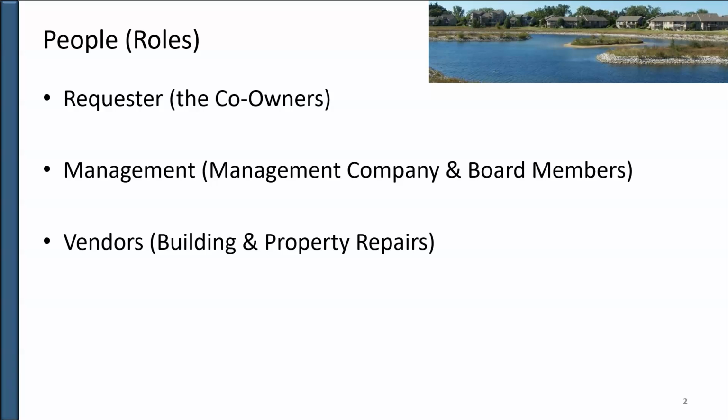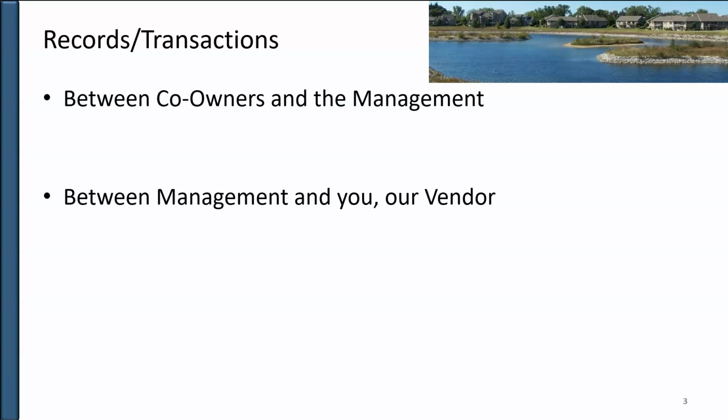Let's dig in. So those are the people and the different kinds of roles. And then there are records and transactions. You can imagine that with 190 co-owners, we don't want 190 people connecting with you directly. So the meat in the middle is our management company, with escalation to board members when additional approval is needed.